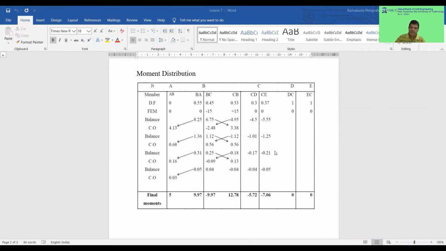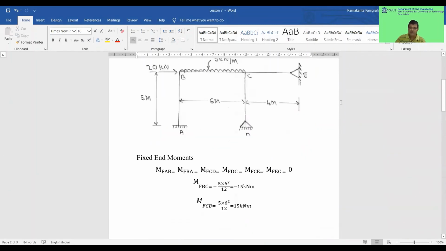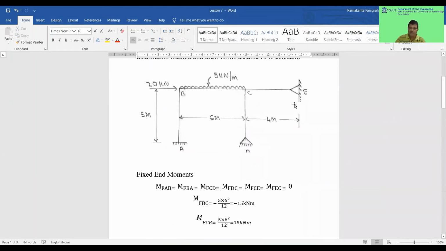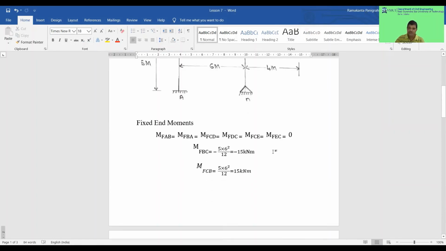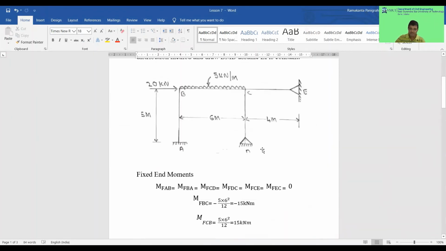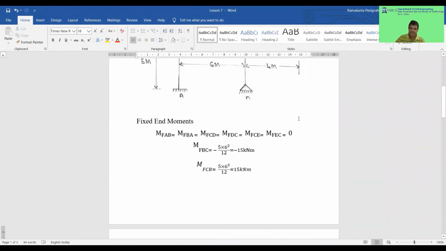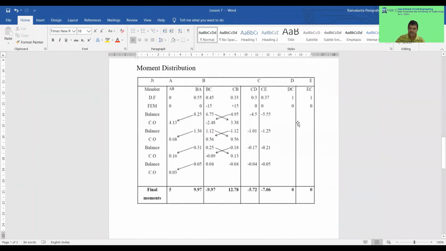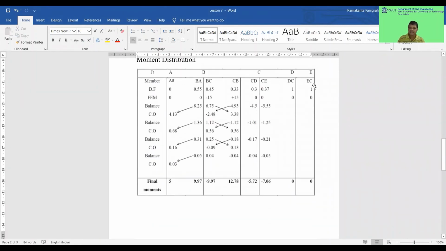Now here, the members DC and EC at the joint C. You know the moment at D must be 0 and the moment at E must be 0, so that has to be balanced. So what are the members? DC and EC. That is why he has written DC and EC.